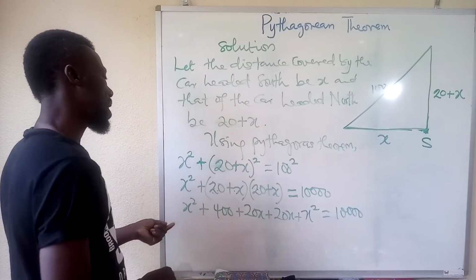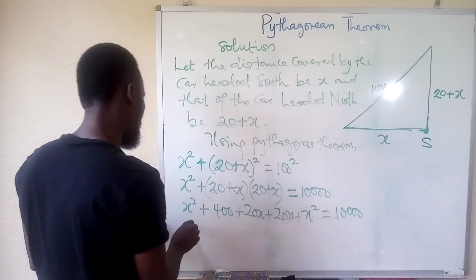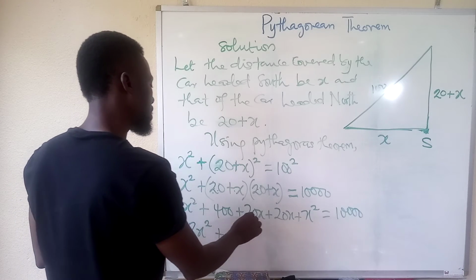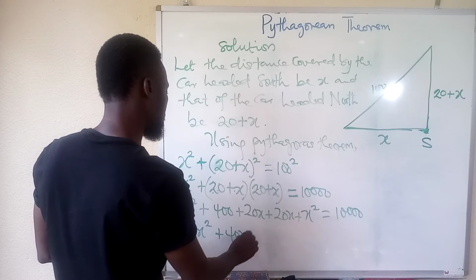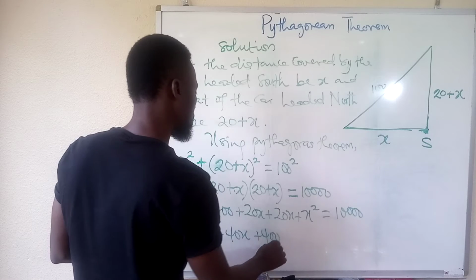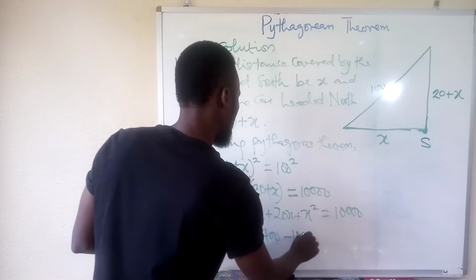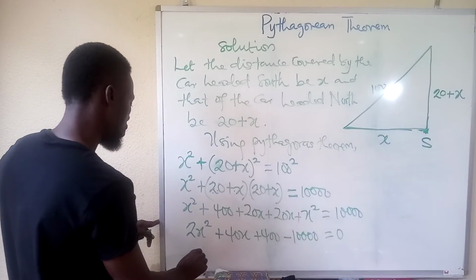So we can add this and this. x squared plus x squared will give us 2x squared, plus 20x plus 20x will give us 40x, and then plus our 400. We bring 10,000 here, it will cross the equal sign, so everything will be equal to 0.